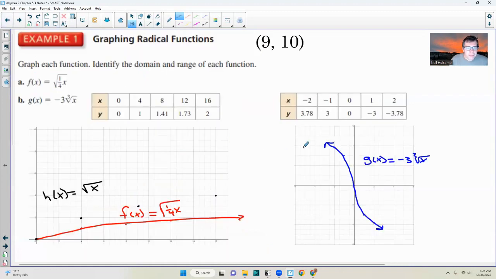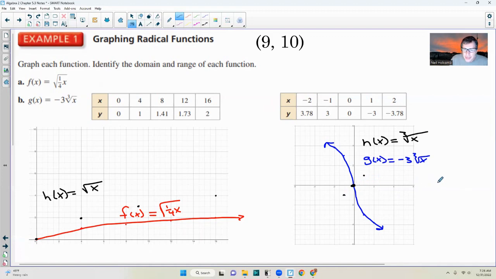So if I go back, here is g of x. Now, if I call the parent function h of x, and that is just simply the cube root of x, then the cube root of 0 is 0. The cube root of 1 is 1. The cube root of -1 is -1. The next perfect cube, 8, is off the screen here.